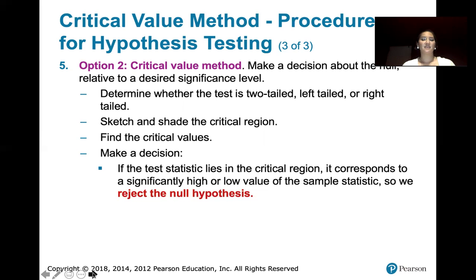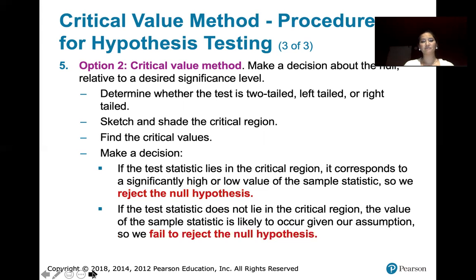So that means that the test statistic corresponds to a value of the sample statistic p-hat that is significantly high or significantly low. And since it's so improbable that happens, given our assumption, but then it's happening, we're going to reject the assumption, which is rejecting the null hypothesis.